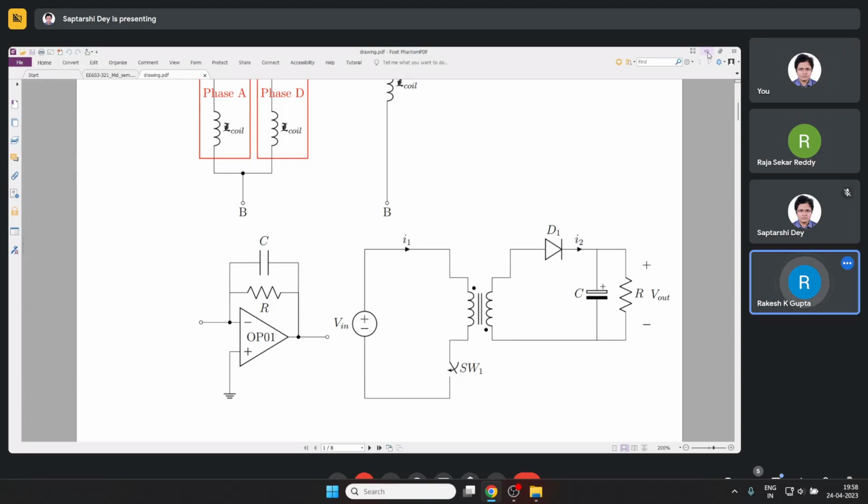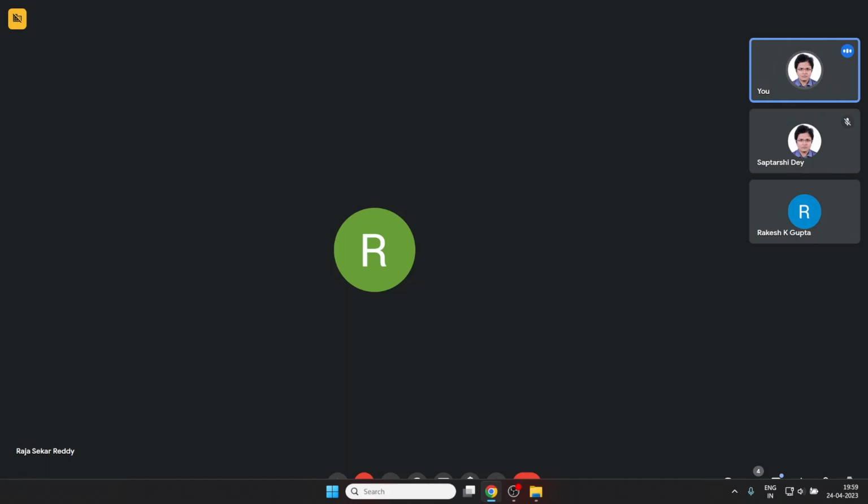Sir, how is it different from the circuit generated by LTspice or PSpice? See, in LTspice you are drawing the circuits to simulate, but here we are drawing the circuit to present it in our document, our report, our presentation. You can draw it in LTspice and take a screenshot, but it looks very unprofessional. You will never see such things in papers.